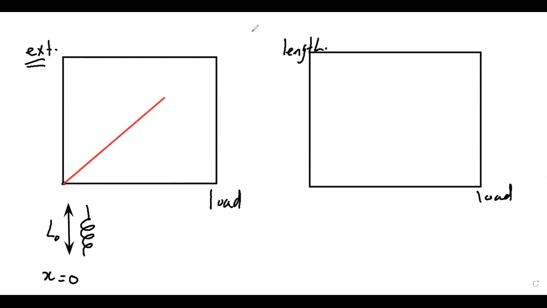Right. What if we make the relationship between length and load? In this case, this is the original length of the spring. When we apply a load, the spring is stretched. This part is L node, and this part is extension.